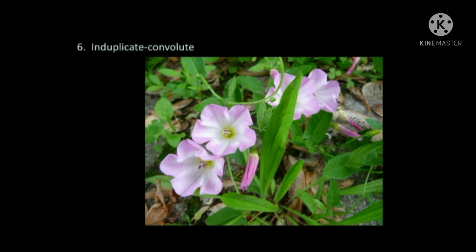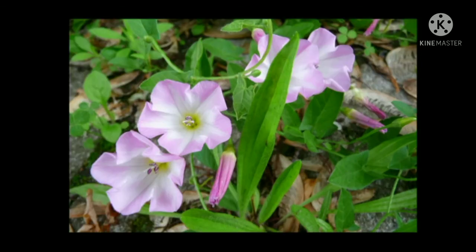This type is a combination of twisted and induplicate types, and it is seen in the flowers of convolvulus and ipomoea. In this type, the corolla is gamopetalous and regular and consists of a narrow, tubular lower portion and a broad spreading and circular upper portion.